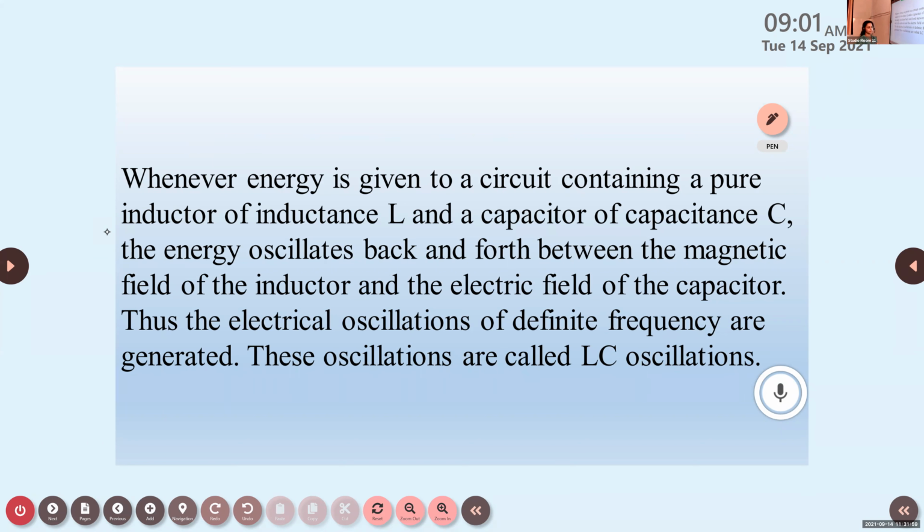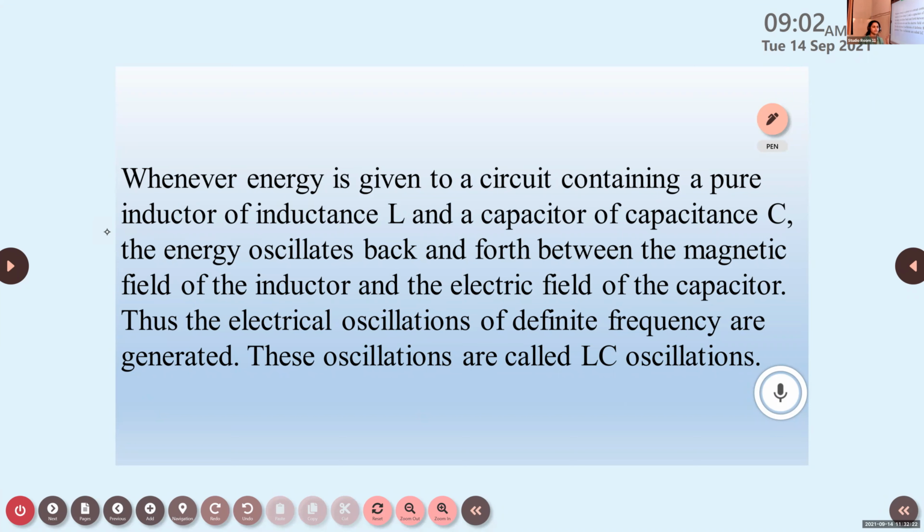Or you can copy down this slide. Whenever energy is given to a circuit, that is, with the help of a battery we are giving energy to the capacitor containing a pure inductor of inductance L and capacitor of capacitance C, the energy oscillates back and forth between the magnetic field of the inductor and the electric field of the capacitor.